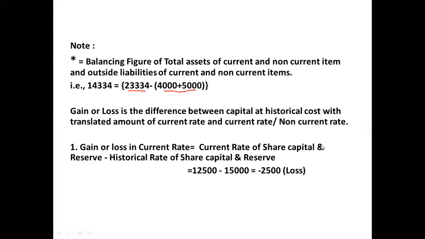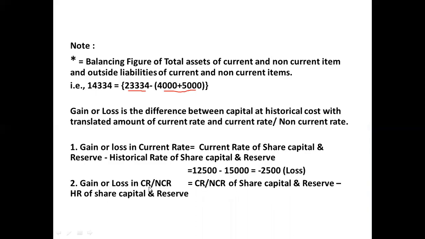Current rate of share capital and reserves minus historical rate of share capital and reserves: 12,500 minus 15,000 is minus 2,500, a loss. In the same way, gain or loss at the current and non-current rate equals current and non-current share capital and reserves minus historical rate share capital and reserves. Current and non-current share capital and reserves is 14,334 and the historical rate is 15,000.